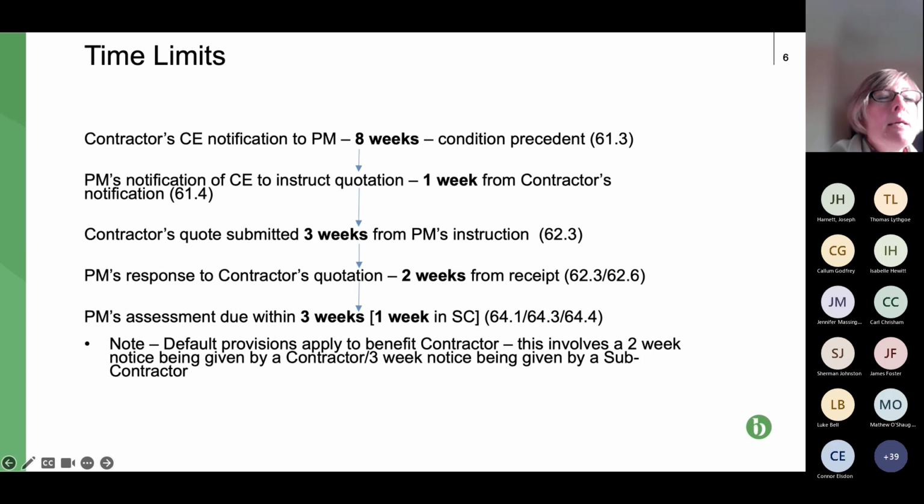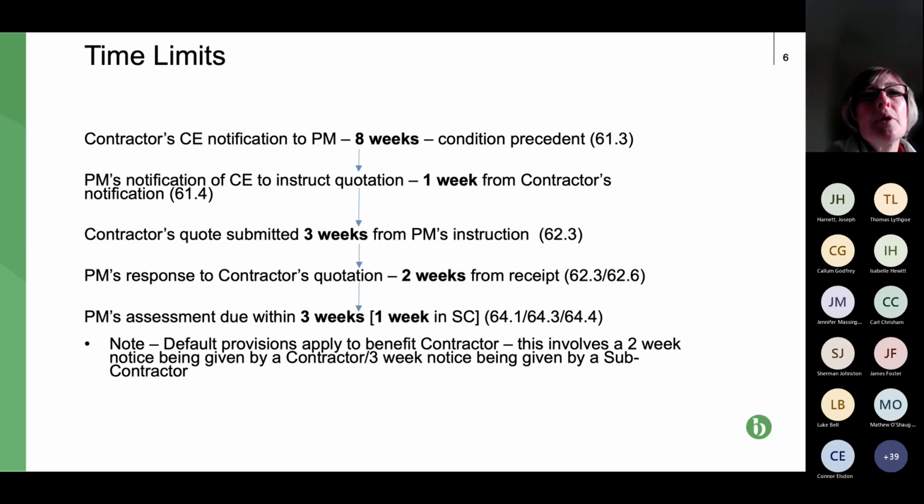Before we move on to the next slide, though, just the final bullet point, the note that what I call the default provisions, really useful if you're a contractor in a contract or a subcontractor in a subcontract. And they give you some power in the event that the project manager doesn't comply with any of its deadlines in this slide.